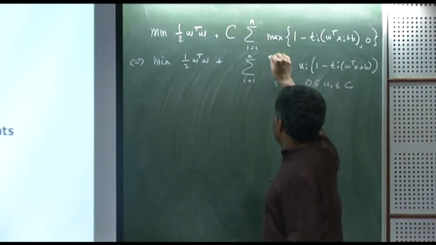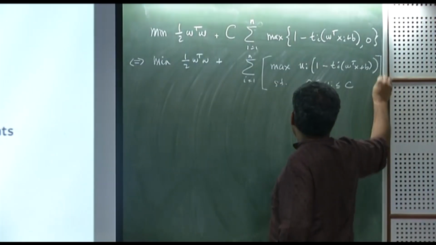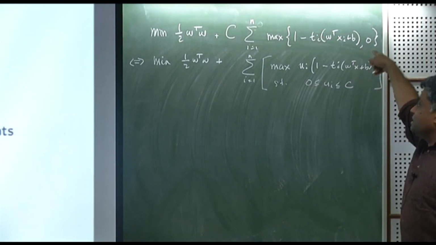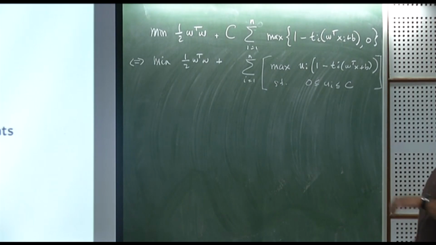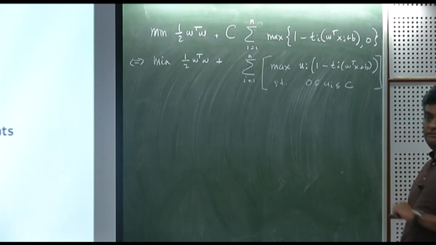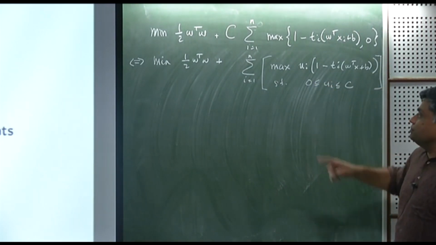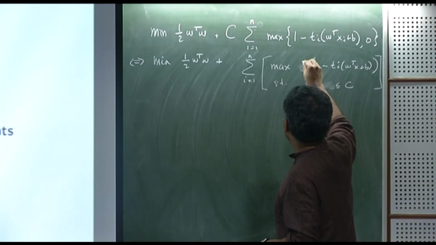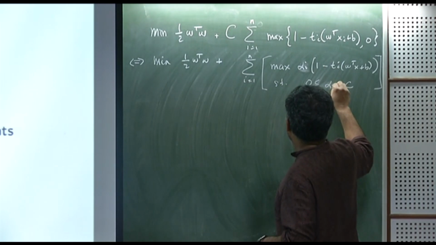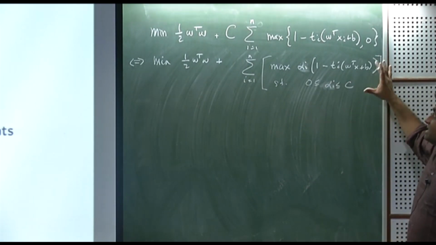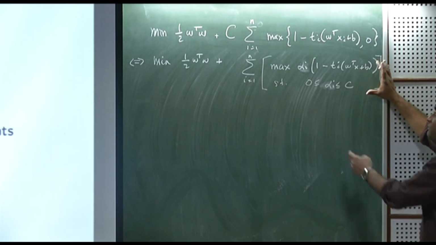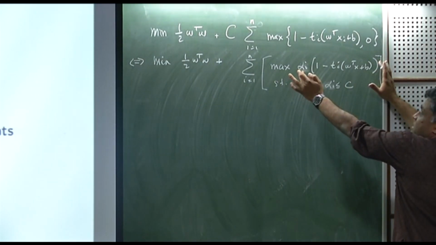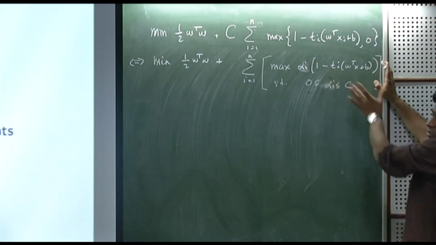Let's think about what happened over here. My claim is that this optimization problem is exactly the one over there. For every data point that I have, I've introduced a new variable, and in order to be consistent with what's going to happen later, let's call this alpha. So I'm maximizing over alpha. Alpha lies between 0 and C, and I'm maximizing alpha i times this product.